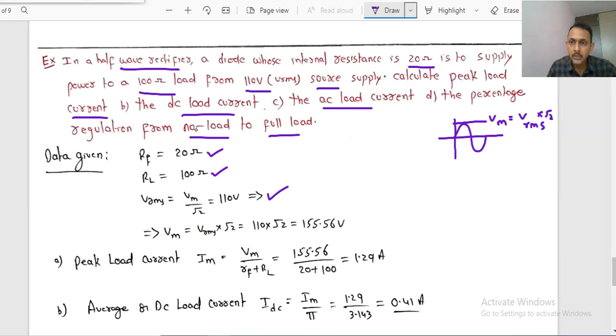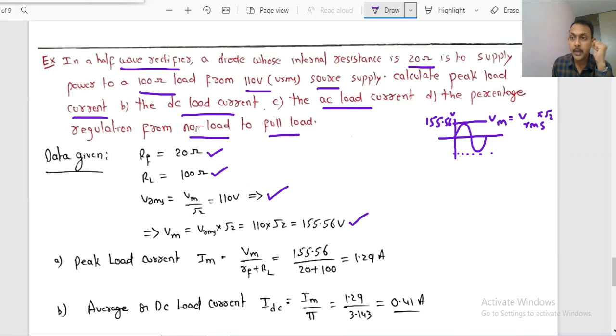So that will be how much here? 155.56 volts is the peak value, positive peak. Negative peak will be minus 155.56. Peak to peak will be 2 times 155.56. Like that we have to understand. Right? Now VM value equals 155.56 volt.